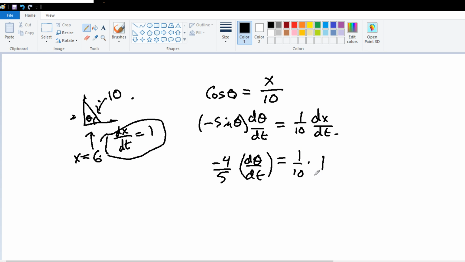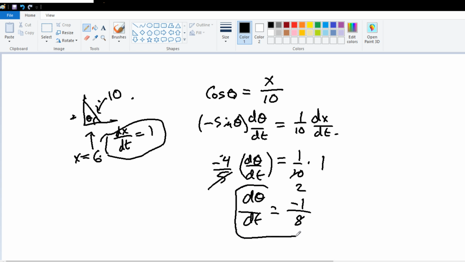So times 1, so we get d theta/dt equals, that 5 cancels with this, and we get, looks like negative 1/8. So this will be in radians. So the angle here is shrinking at that instant at negative 1/8 of a radian per minute.